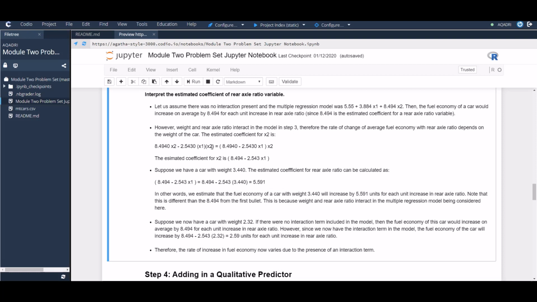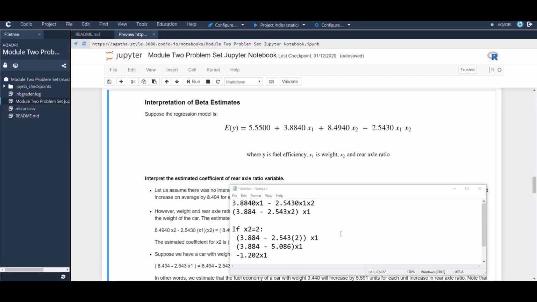Make sure you go over this in detail, more than once, so that it makes sense. Whenever you have an interaction term present, you have to be very careful interpreting the estimate appropriately. The last bullet is simply that the rate of increase in fuel economy now varies due to the presence of the interaction term.